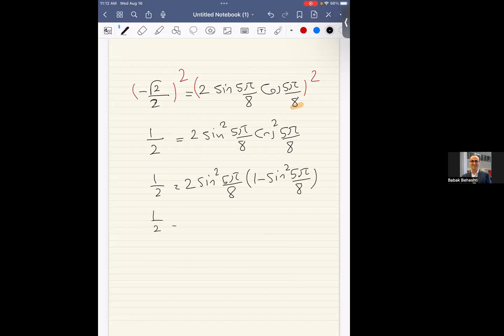So 1/2 is 2 times sine square of 5 pi over 8 times 1 minus sine square.